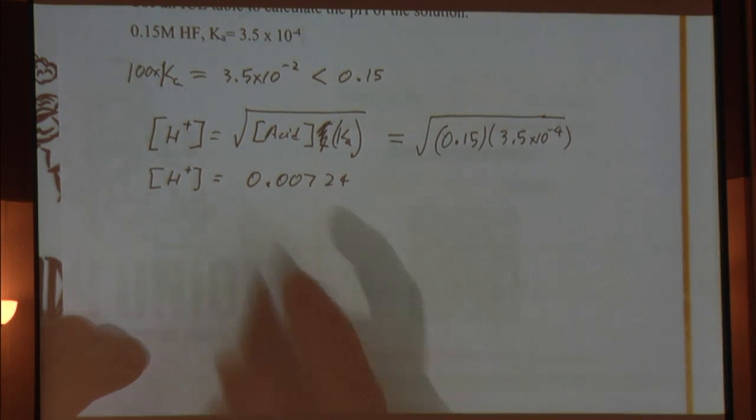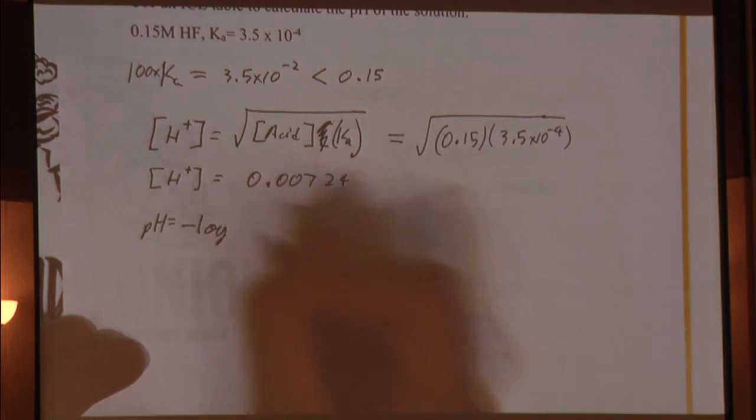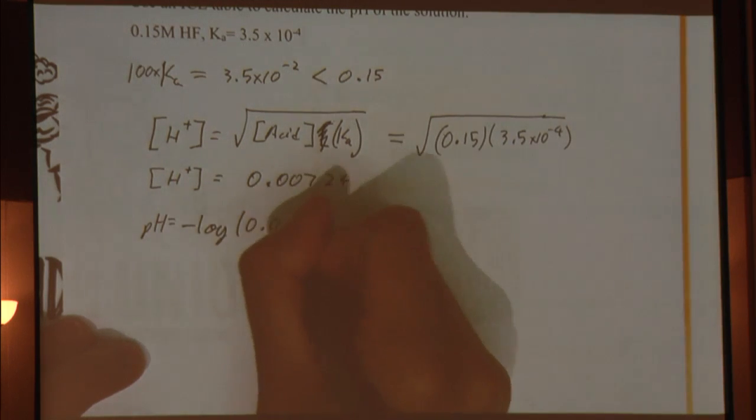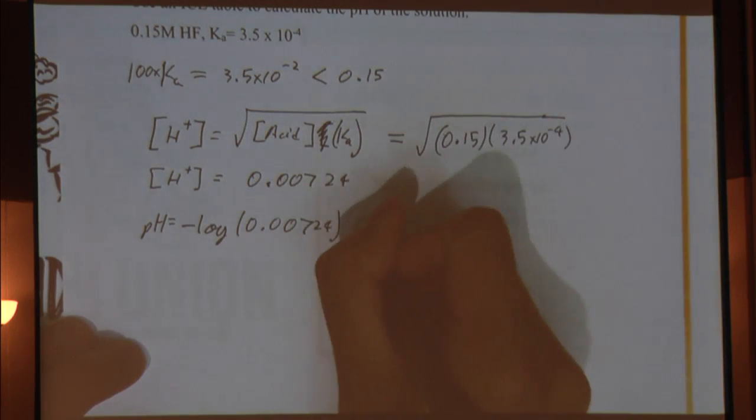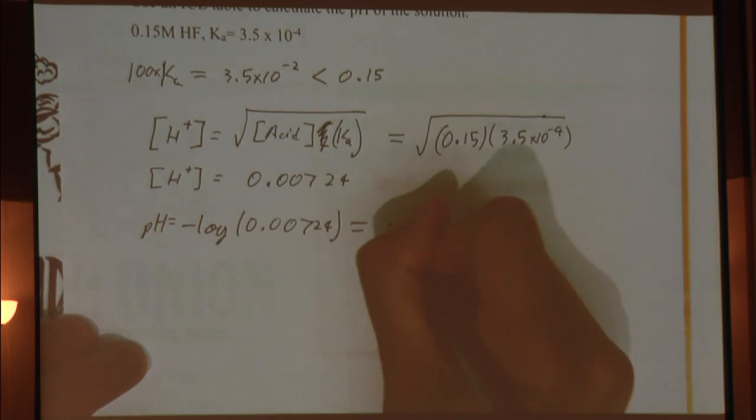And then here we just take the negative log and then we get a pH of about 2.14.